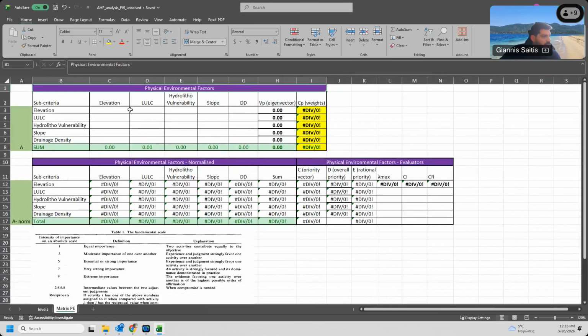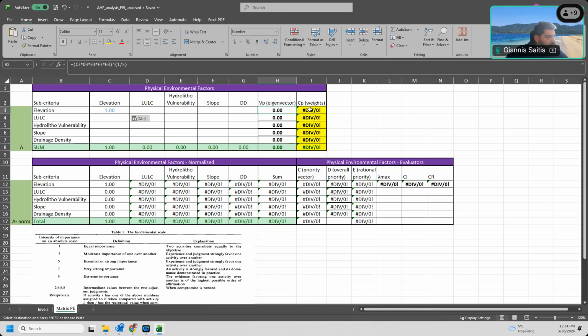So, as I mentioned, the elevation, and I will put it with the blue color, the elevation to the elevation is 1. Before proceeding with putting numbers, maybe we will see the equations that we are working on.